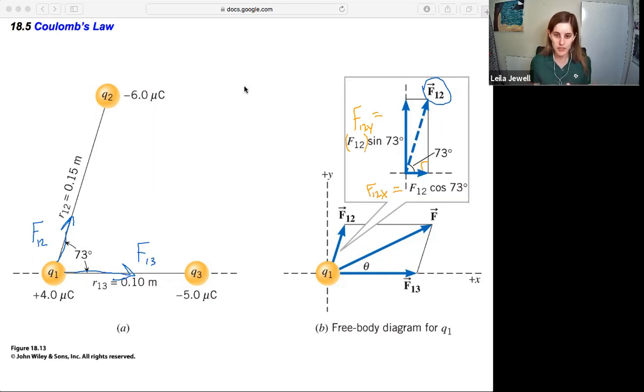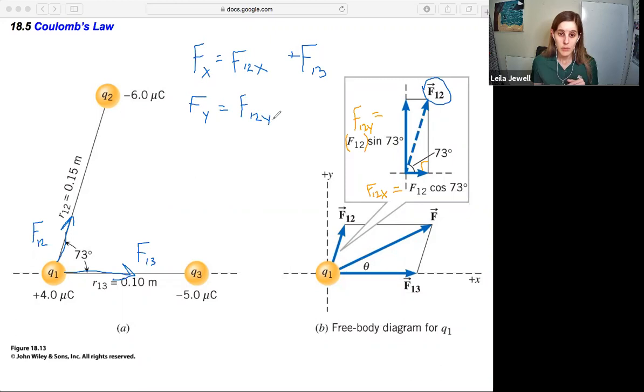So for this particular example, the net force in the x direction is going to be F12x, just the x component of F12, plus all of F13, because F13 is purely in the x direction. Then we could also find Fy of the resultant, and it's only going to come from F12y, because F13 doesn't point in the y direction.